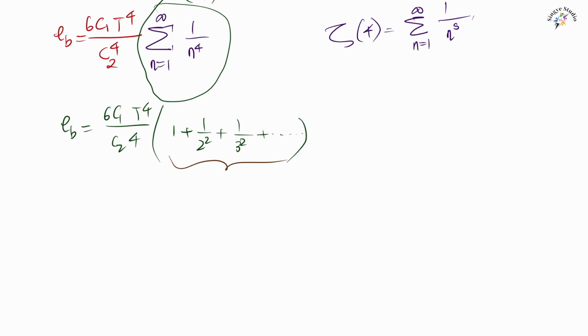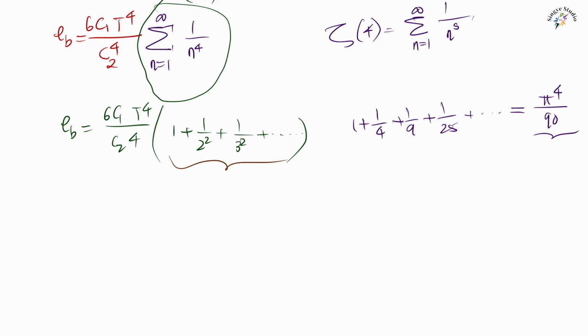By using the Fourier series and the Parseval theorem, you know this series 1 plus 1 by 4 plus 1 by 9 plus 1 by 25 and so on nicely converges to pi raised to 4 upon 90. Okay, so you can check the result of the series.